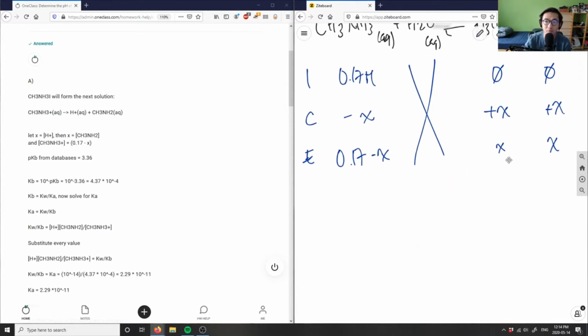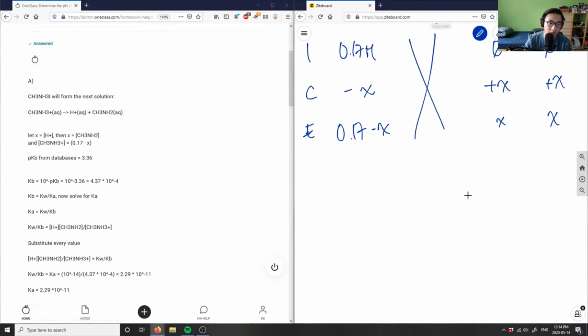Now we can write our expression. Before we write it, I'm going to assume this pKb of CH3NH2 is right, and it equals 3.36. If I want to solve for the Kb expression, let me do this in black, because it's not part of my ICE table anymore.